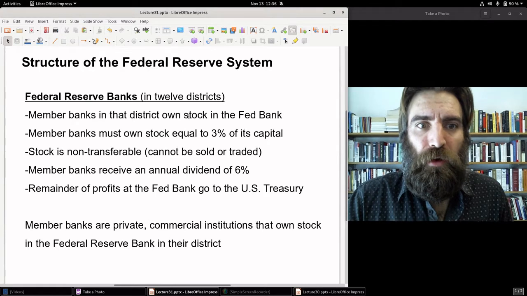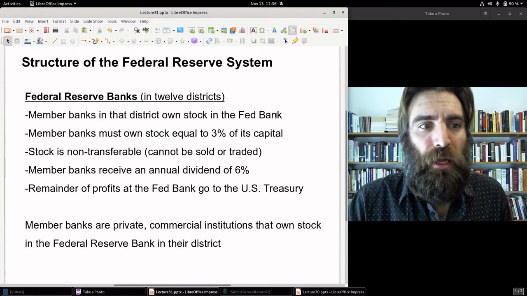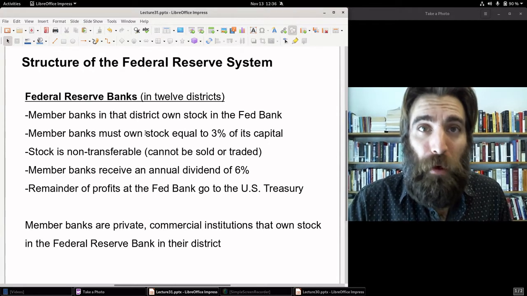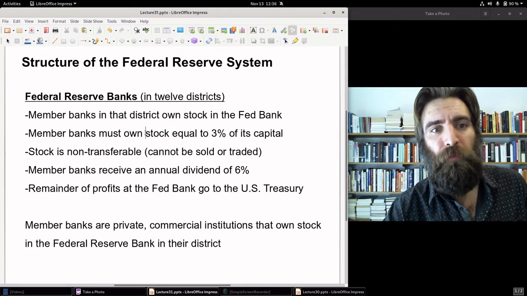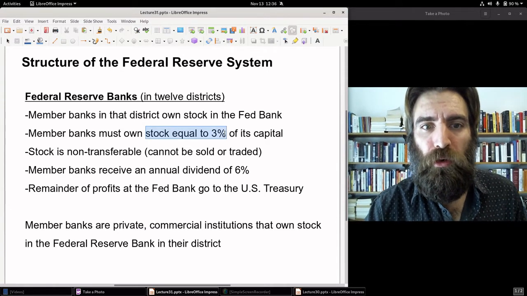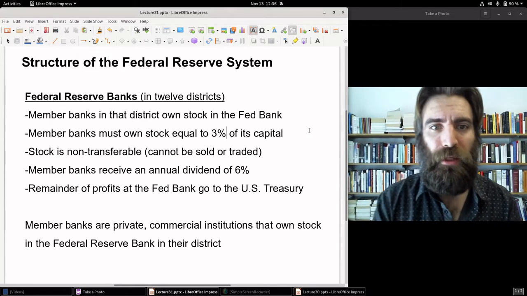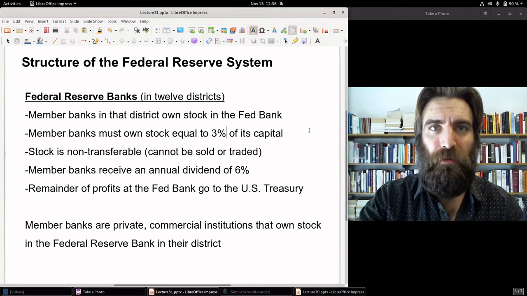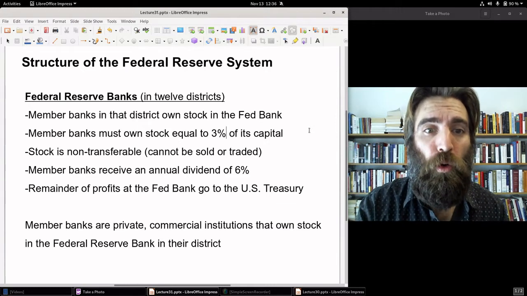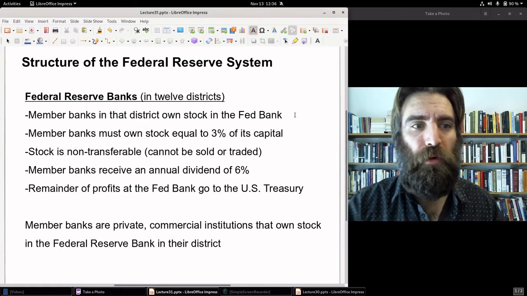Member banks in that district own stock in the Federal Reserve Bank, and to be a member of the Federal Reserve System, you must own stock equal to 3% of your combined capital and surplus at that bank. So 3% of your capital, that's how much stock you must own in your Federal Reserve Bank.